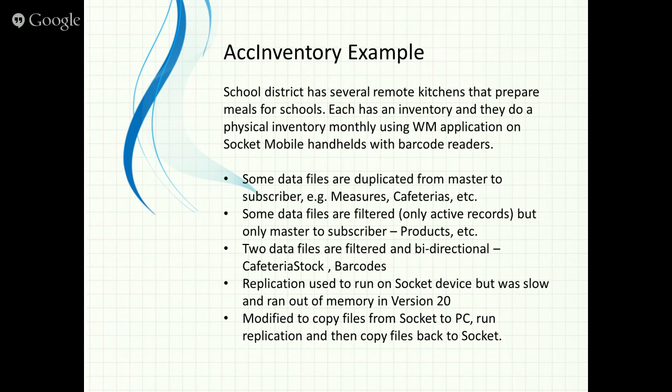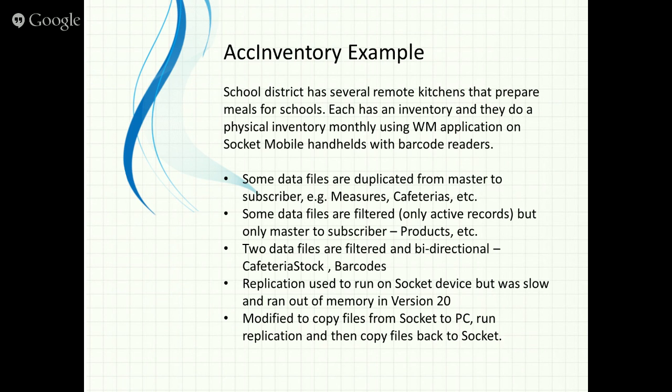And then in our application, we have 2 data files that are bidirectional. And that's a file called cafeteria stock and one that's called barcodes. And like I was mentioning earlier, if they get a new product in, it may be a different UPC on that product.